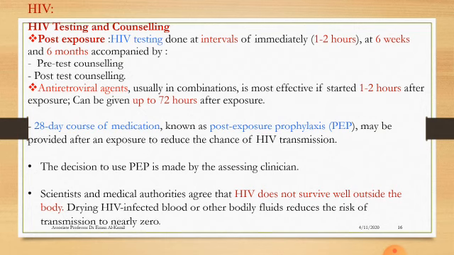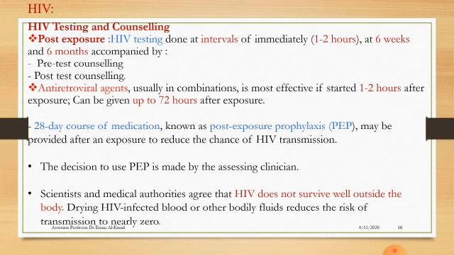If an individual is exposed and shows a positive result after testing for HIV, usually we are going to give him antiretroviral agents, which are used in combination and are most effective if started after 1 to 2 hours or up to 72 hours after the exposure.